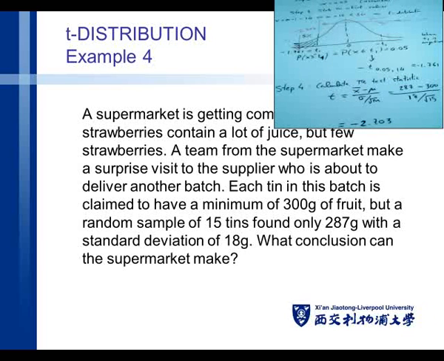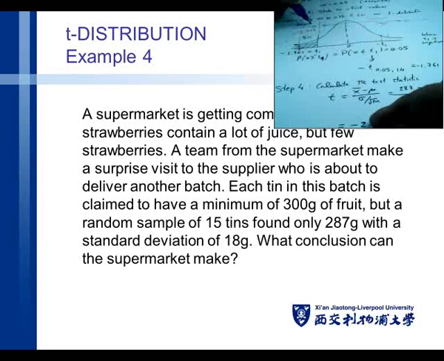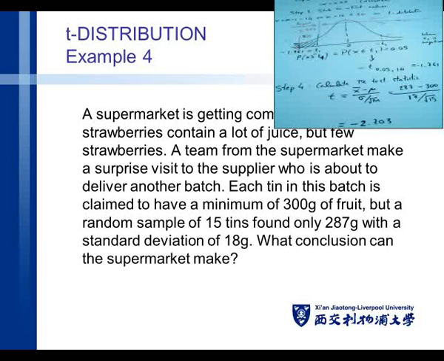Okay? If you are to the left of minus 1.761, what is your conclusion? Reject. So in this case, because it is to the left of minus 1.761, you reject the null hypothesis. Reject H0.